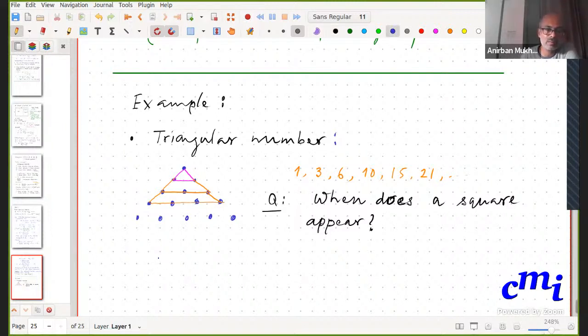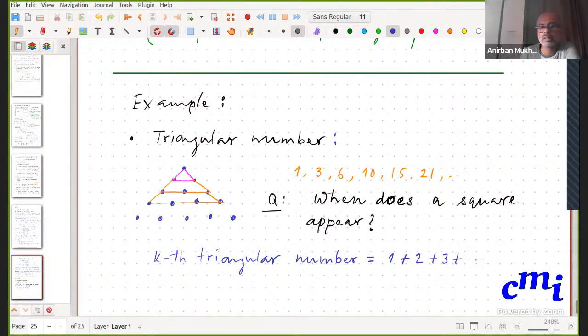The kth triangular number is going to be 1 plus 2 plus 3 plus etc. to k. That's the kth triangular number.